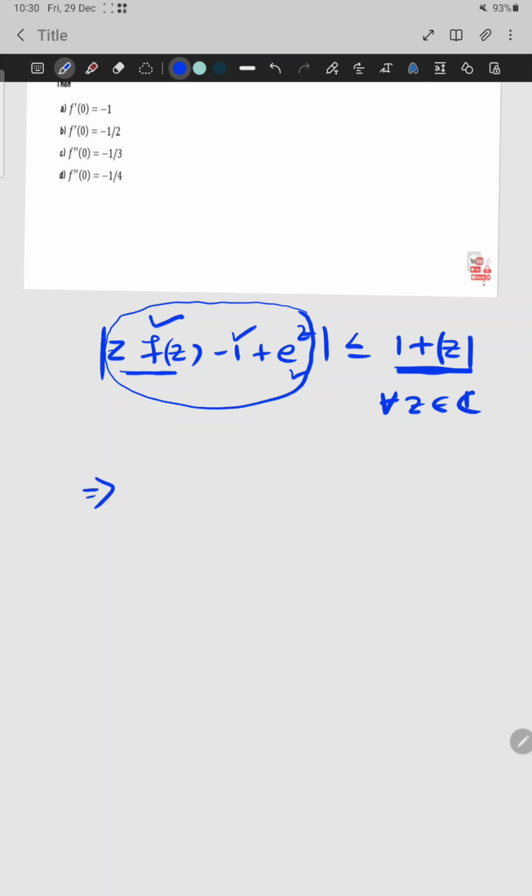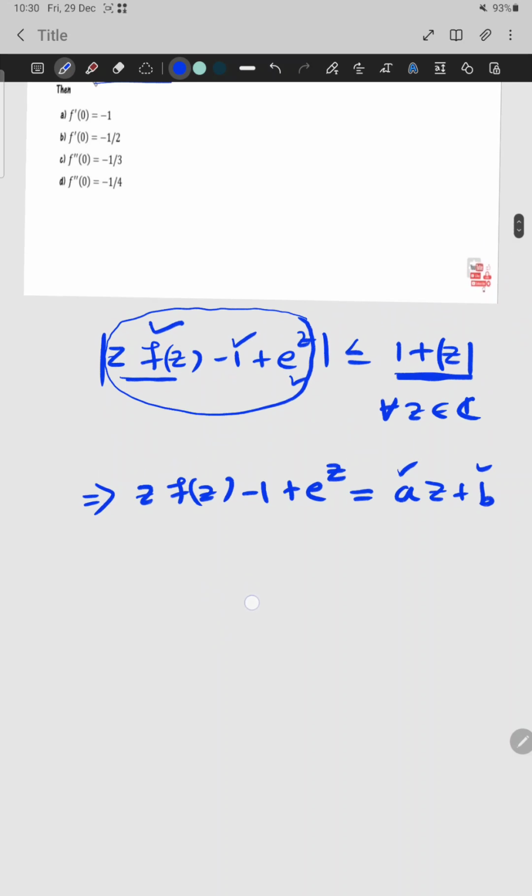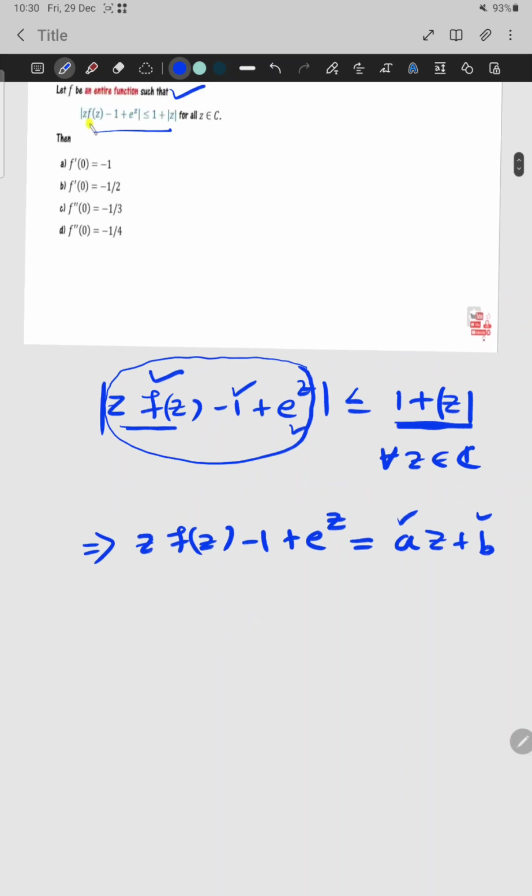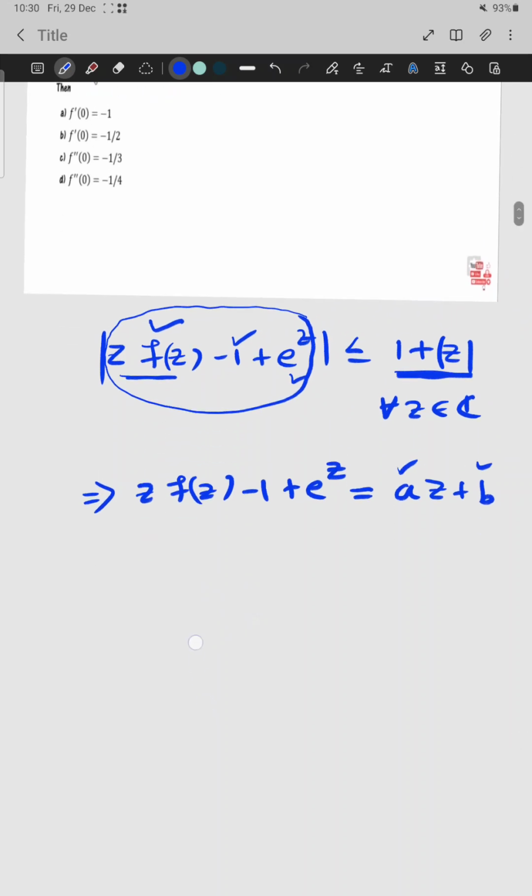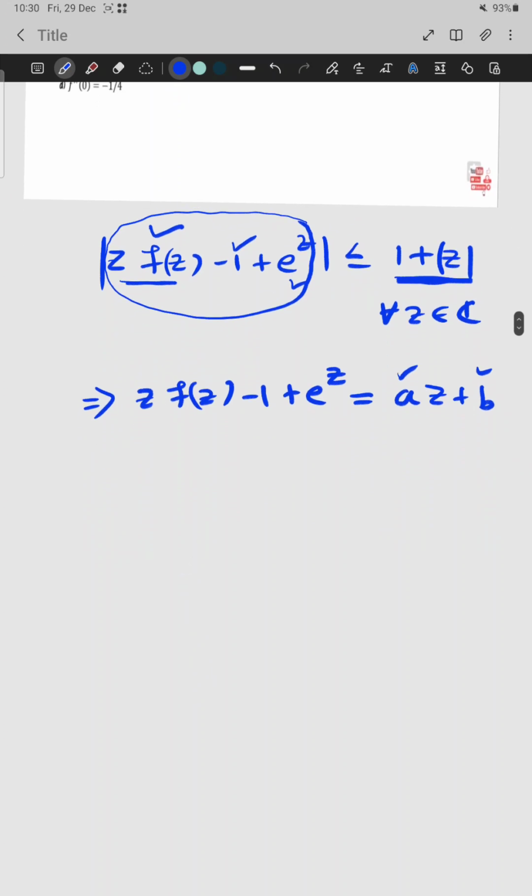This implies that z f(z) - 1 + e^z should be equal to the linear function a z + b, for some constants a and b. But in the question we have to calculate f'(0) and f''(0). What are the values? Let us differentiate on both sides.